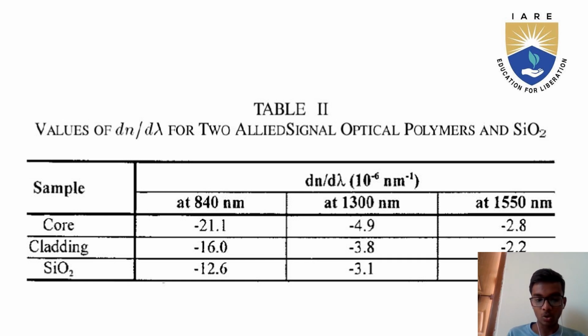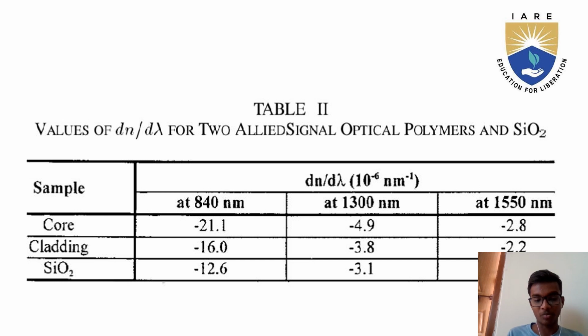The sample core has a dn by d lambda value of minus 21.1 into 10 power minus 6 per nanometer at 840 nanometer, minus 4.9 at 1300 nanometer, and minus 2.8 at 1550 nanometer.